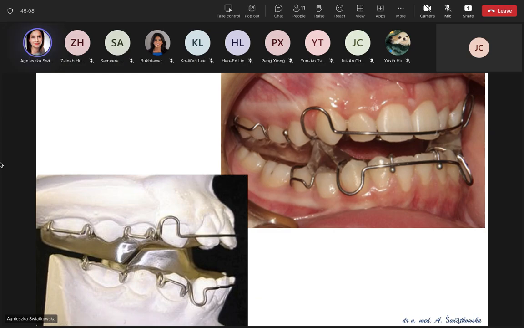He can speak in this appliance, he can eat in this appliance. And the time of treatment usually is 9 months of active treatment, then 6 months of passive treatment for retention, and then we put the braces.